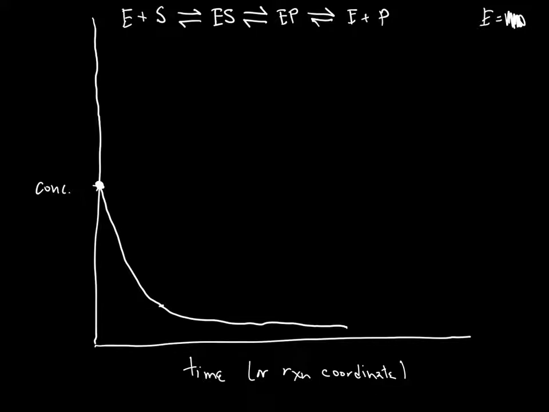But at some point in time, it's going to be finished making product, right? You're going to get your enzyme back. And in theory, it should come back up to where you started. Roughly right here, if you had enough time, it would come back up roughly where it started. So, like I said, nothing earth-shattering. Once again, this is the concentration of free enzyme.